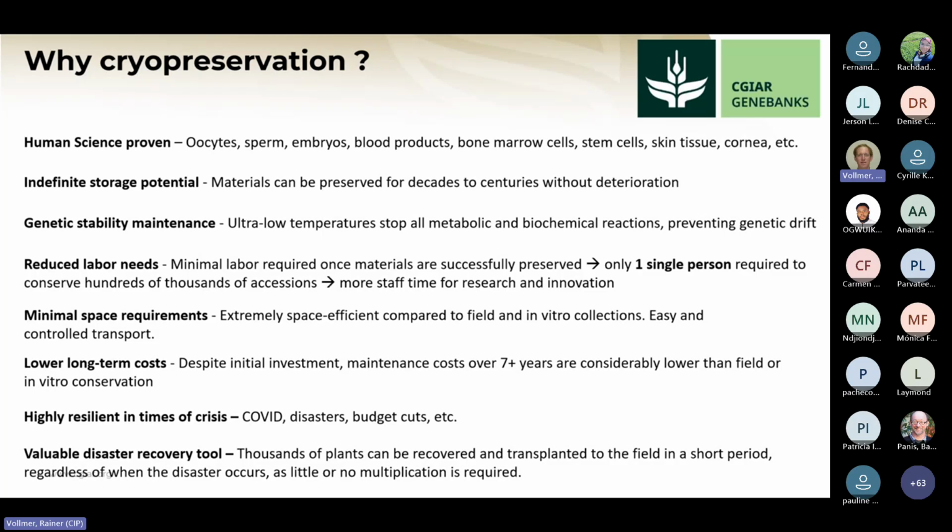It was enough that one person came in and filled up the tanks containing the samples with liquid nitrogen every 3 weeks, and one single person could conserve thousands of accessions this way. While maintaining an in vitro collection or other field collection under the extreme conditions of COVID was horrible. Many of us know this was really hard work.